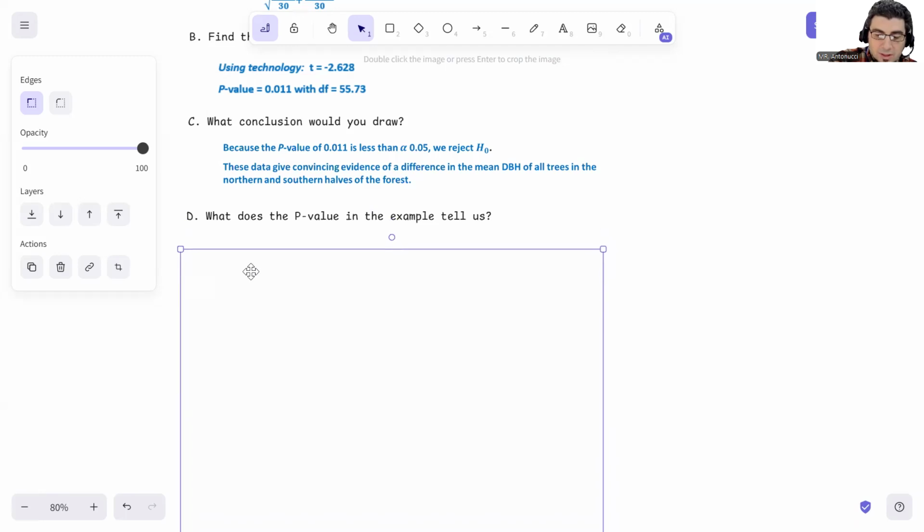So what does this p-value tell us? Okay, it's important to notice. That means if there is no difference in the mean DBH of trees in the northern and southern halves of the Wade Tract Preserve, there is a 0.011 or 1.1% probability of getting a difference in sample means as large or larger than what we got.